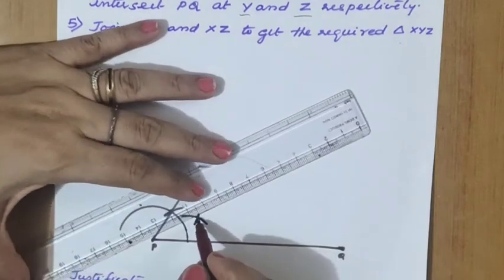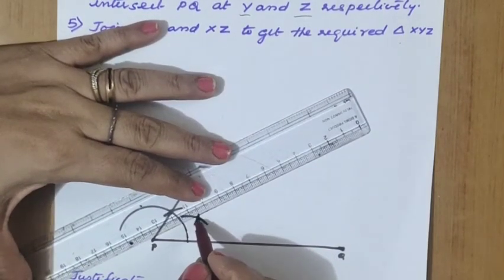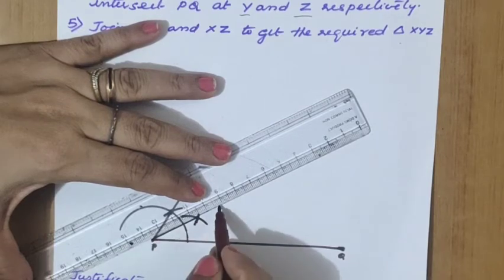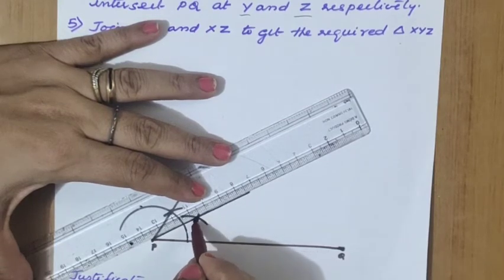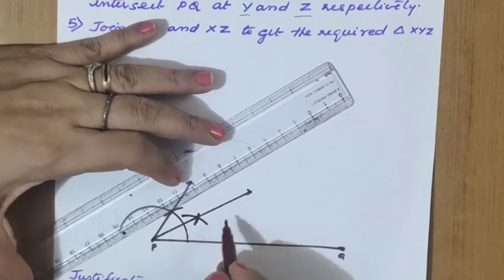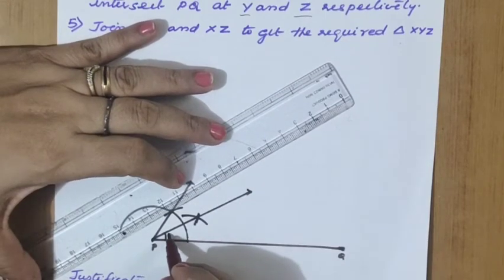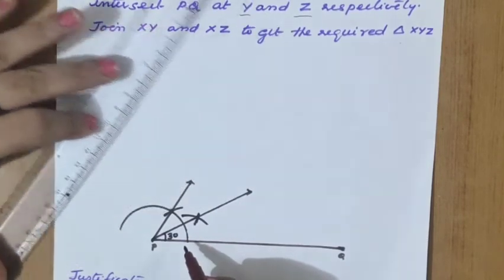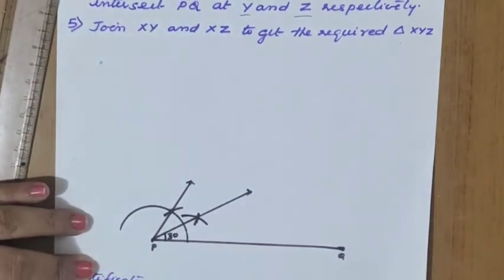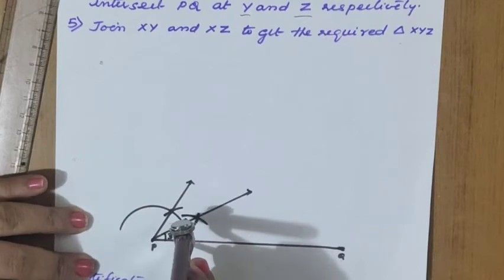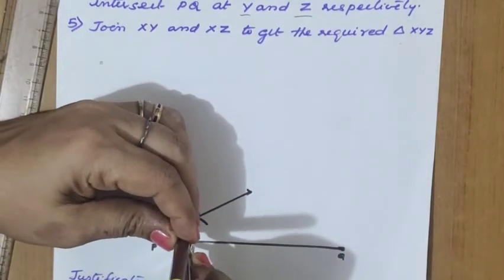Still it is not completed. Why is it not completed? The angle bisector of this 30 degree to be drawn for the construction step. So first we have constructed 30 degree. Okay, again one more bisection of 30 degree to be done, then only 15 degree to be get. So angle bisector of 30 degree to be drawn.